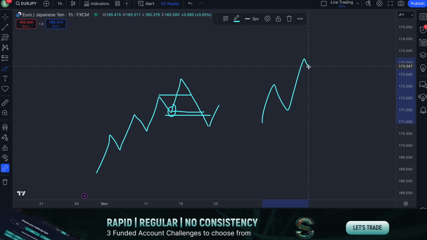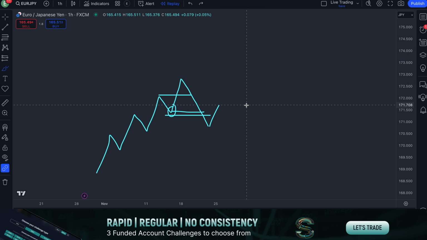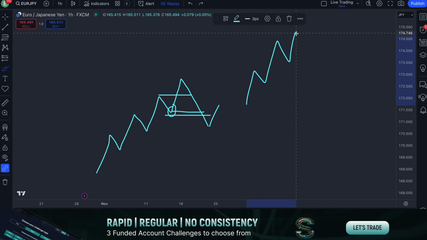Are we breaking it with intent, or are we breaking it with, let's say, a wick? Yes, a new trend is formed. It's not trending to the upside anymore, but we also did not break this low with intent. And then secondly, how do we react after the break?